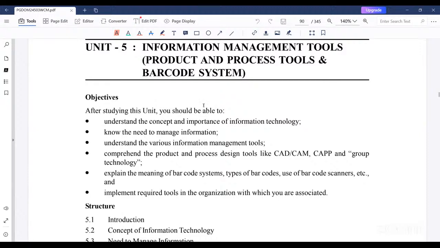Here they talk about the product and process design tools like CAD, CAM, CAP, and group technology. You can just look at this. These are the most used product and process tools in manufacturing, along with the information management tools and barcode systems. The more concentration would be on product design and process design.